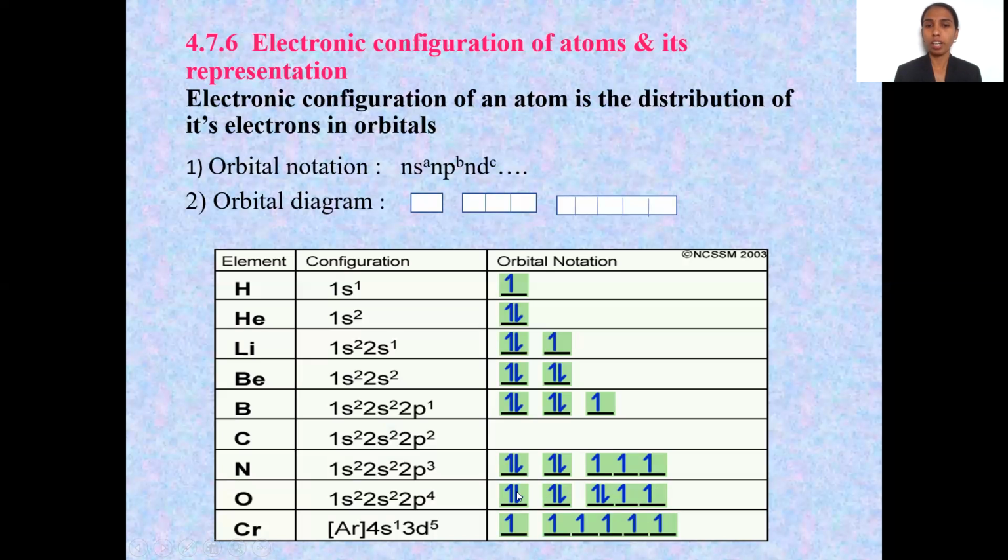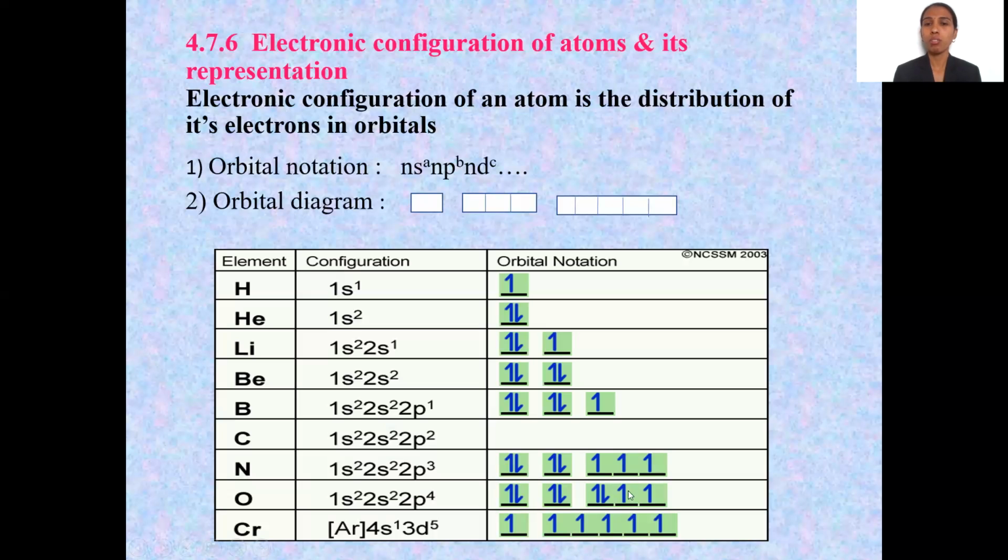Okay, so according to the above principles, we have to consider the increasing order of the energy. Then we have to consider Pauli's exclusion principle, meaning we have to fill only 2 electrons in a single orbital. एका ऑर्बिटल मध्ये 2च इलेक्ट्रॉन, 2 पेक्षा जास्त नाही. After that, Hund's rule, what does it state?